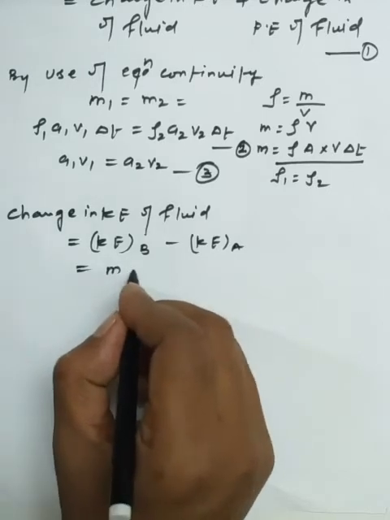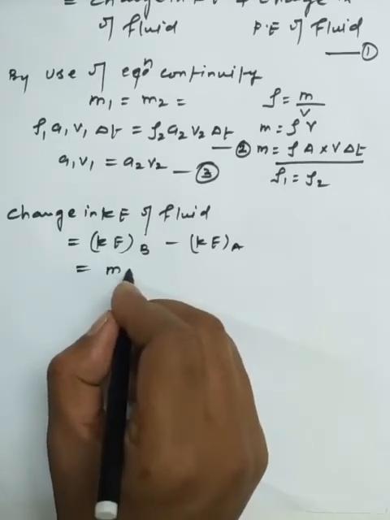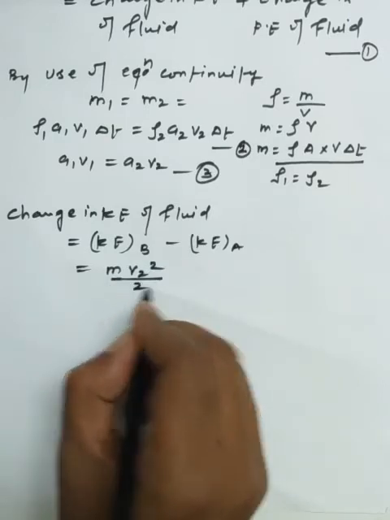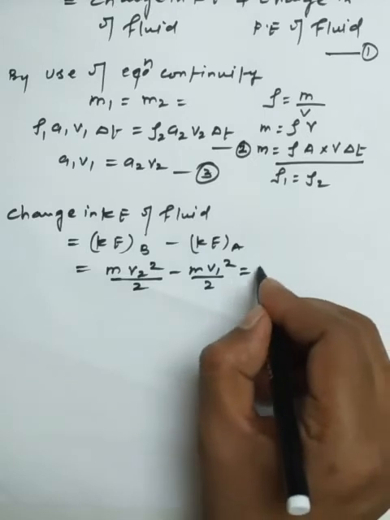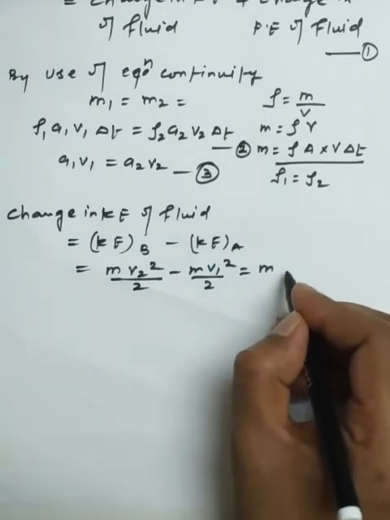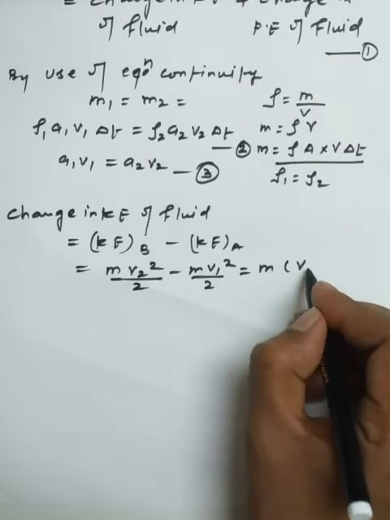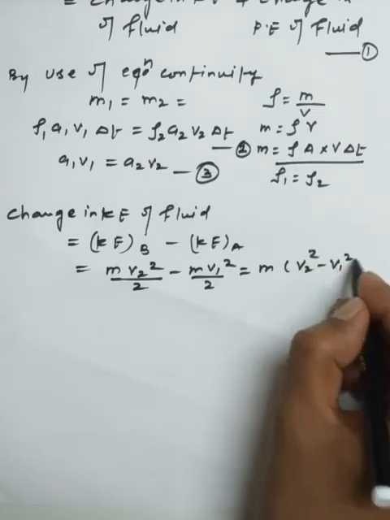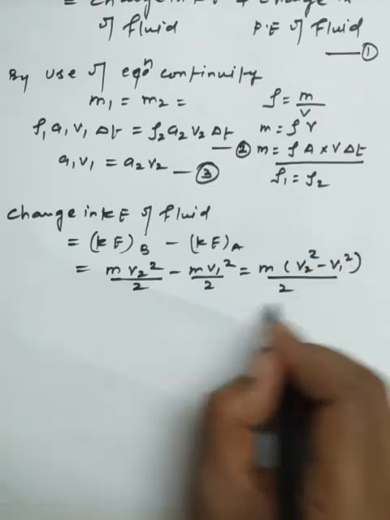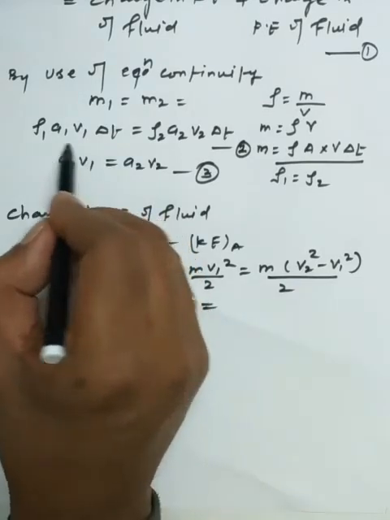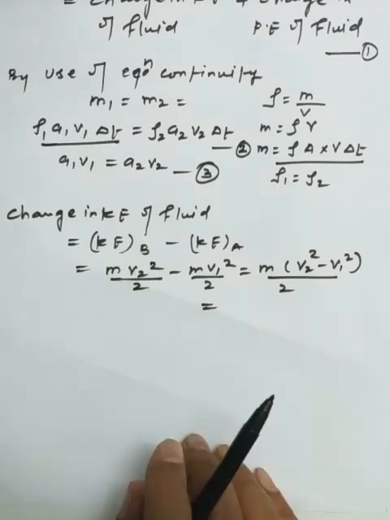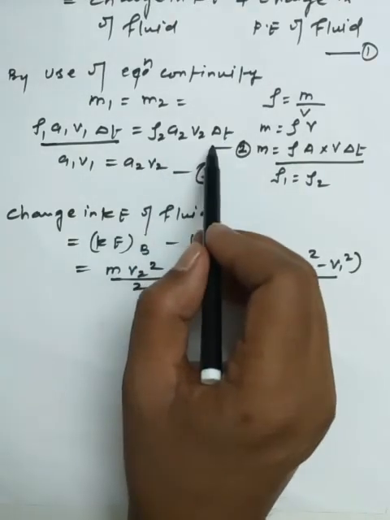So I am writing m v2 square by 2 minus m v1 square by 2. Taking m common, we have v2 square minus v1 square, divided by 2. We can substitute the meaning of m, either in terms of rho 1 a1 v1 delta t, or in terms of rho 2 a2 v2 delta t.